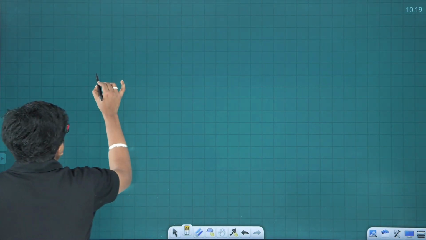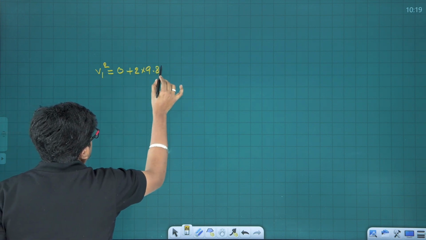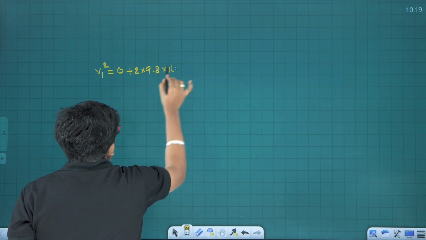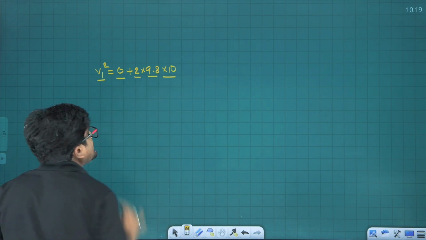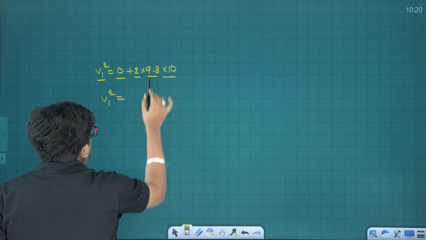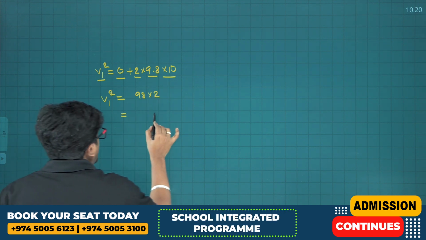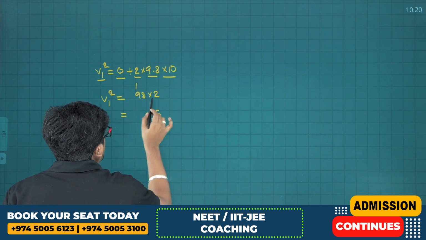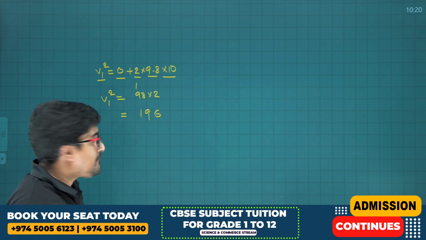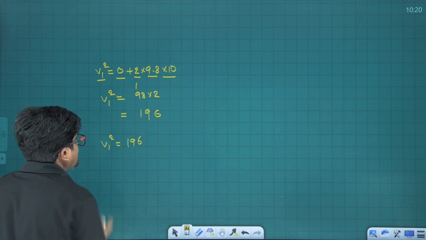So v1 square equals 0 plus 2 into 9.8 into 10, where the acceleration due to gravity is taken as 10, using v square equals u square plus 2as. So v1 square equals 98 into 2. 8 twos are 16, we are left with 1, 9 twos are 18 plus 1, it is 196. So v1 square is equal to 196.